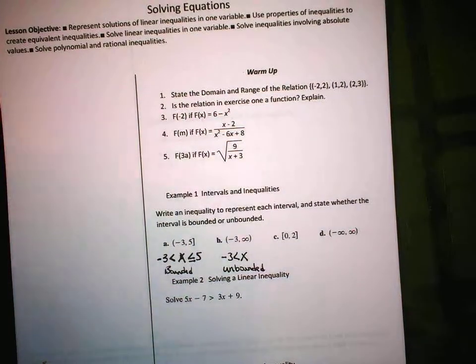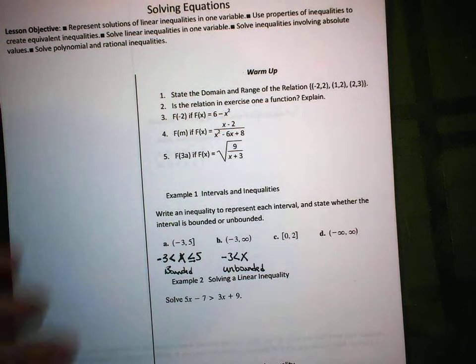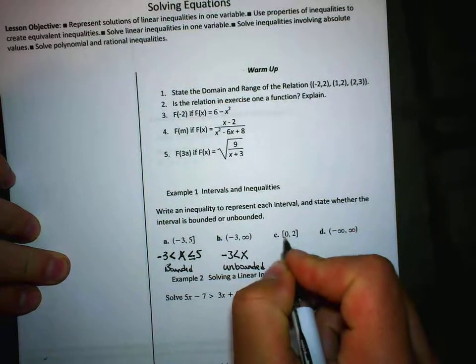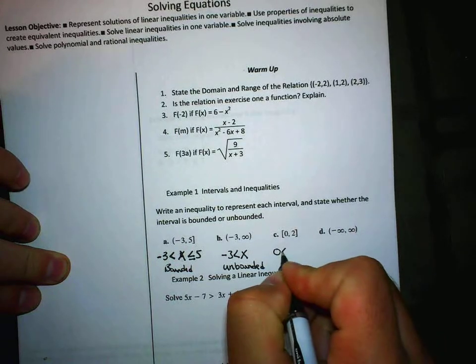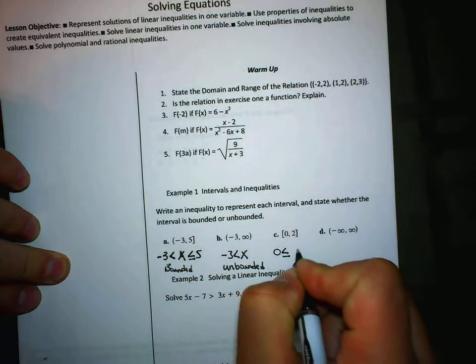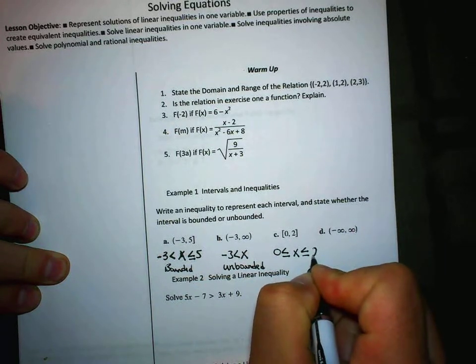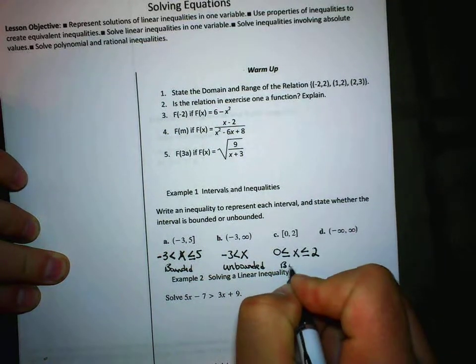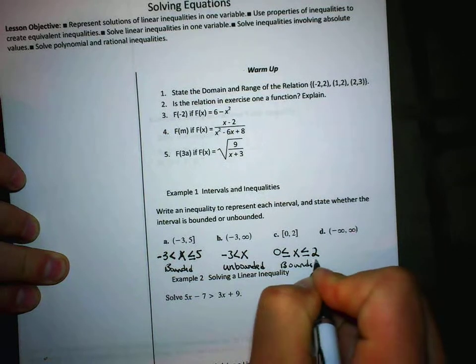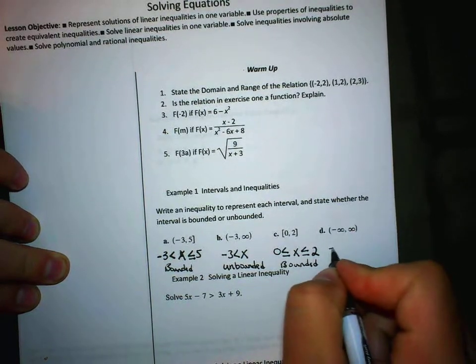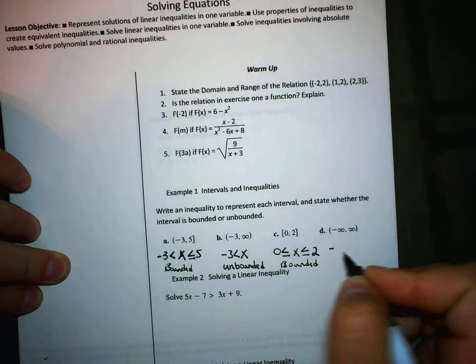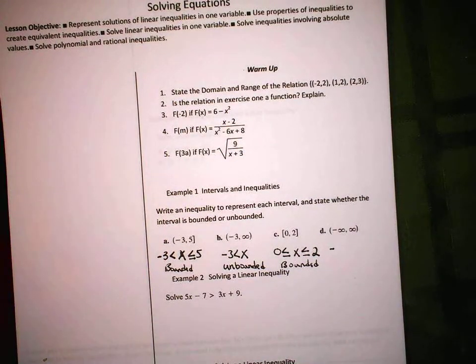Okay? Now, just by guessing, you're probably looking at C and saying, okay, so this one's bounded and D is unbounded. If you say that, you're probably right. Now, remember, this symbol means less than or equal to the value of x, which is less than or equal to the value of 2, and it is bounded. And then finally we have, how do we want to write this one?